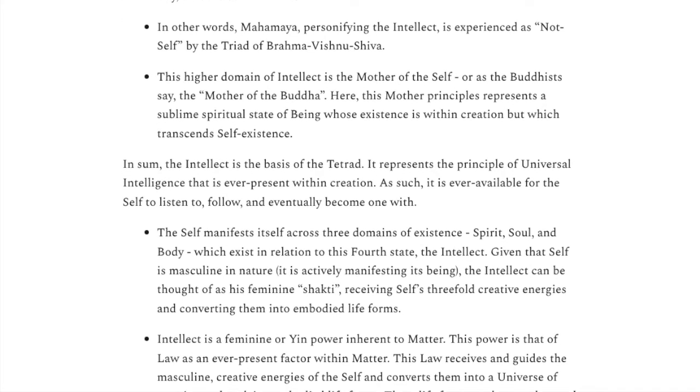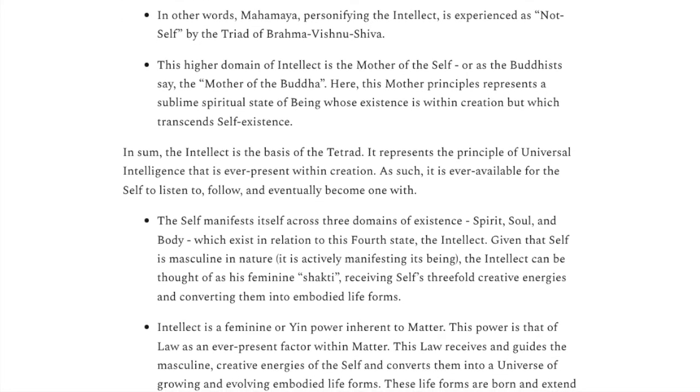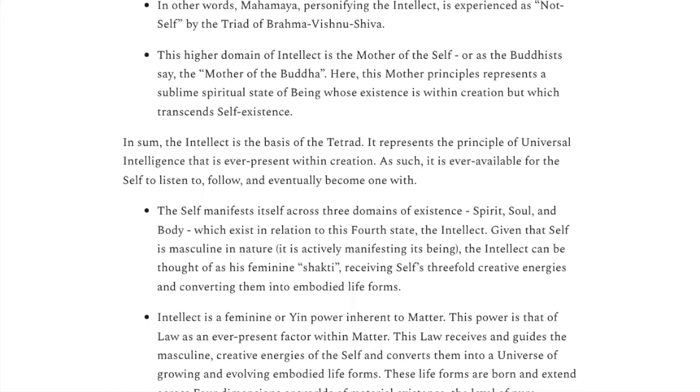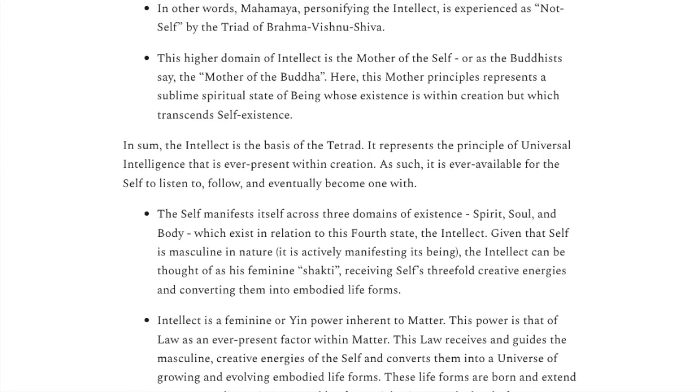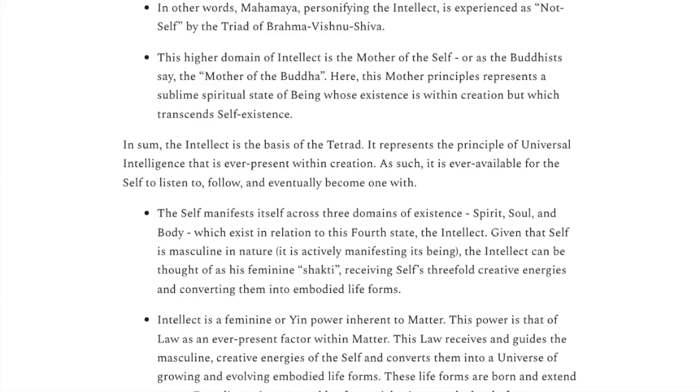Given that self is masculine in nature, it is actively manifesting its being. That's why it's a yang kind of principle, masculine. The intellect can be thought of as a feminine Shakti of this principle, receiving self's threefold creative energies and converting them into embodied life forms, which are designed after a quaternary pattern. So they take on the nature of both the three and the four.